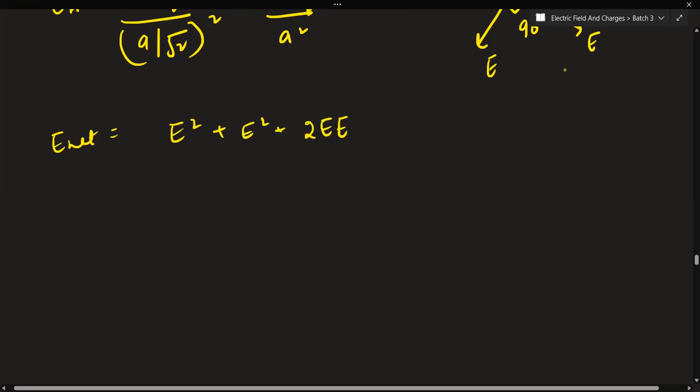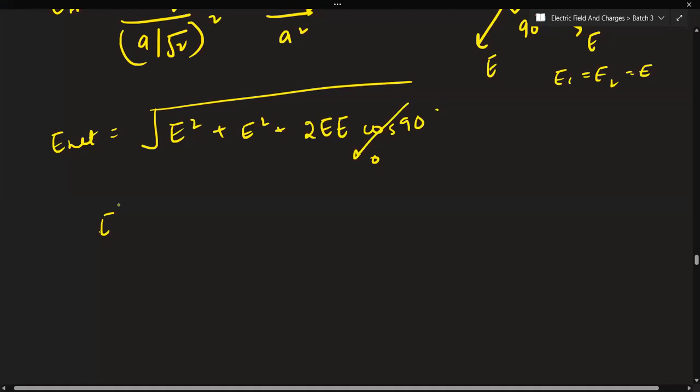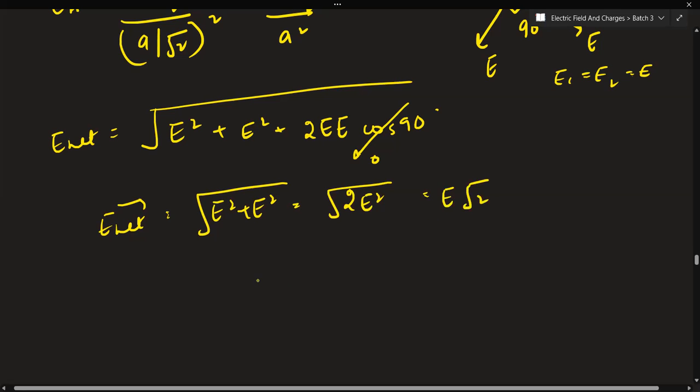Since E1 and E2 have the same magnitude, I'm taking it as E. Cos 90 degrees is 0, so this term becomes 0. The net electric field will be the square root of E square plus E square, which is 2E square under root. So E comes out and root 2 is left. What is the value of E that we got? We got it as 6KQ by A square.